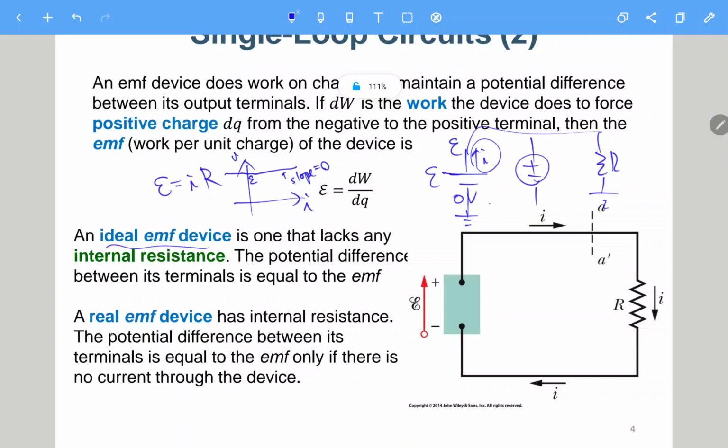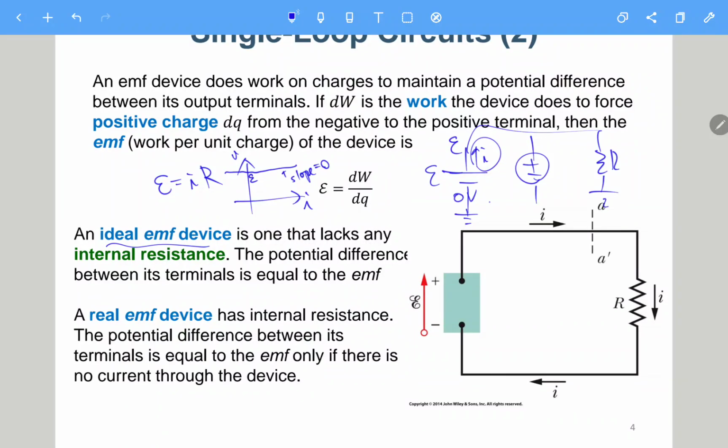But for a real EMF device, just like a battery, it should be like an ideal E connected in series with a resistor. Although the resistance might be small, it will influence the generated voltage.